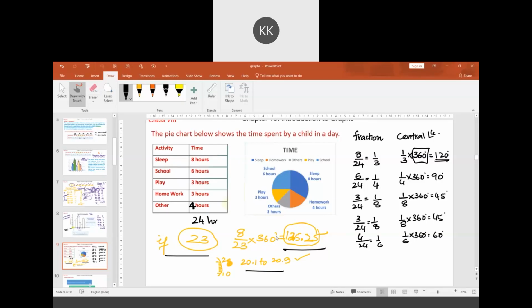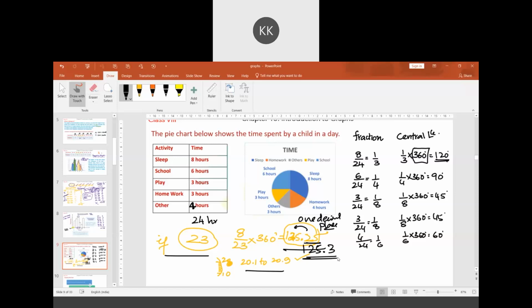If by mistake they give a different number like 23, round it off to at least one decimal place. So this will be rounded off to 125.3.